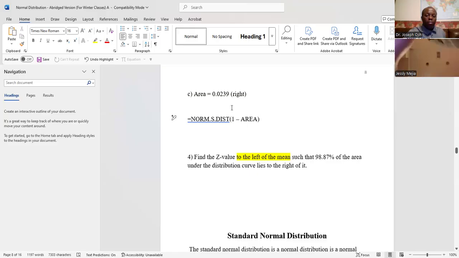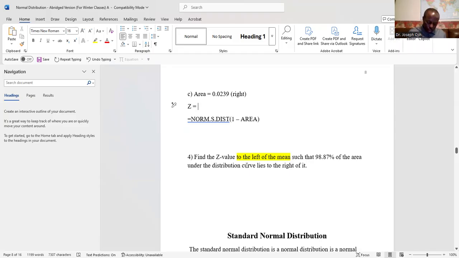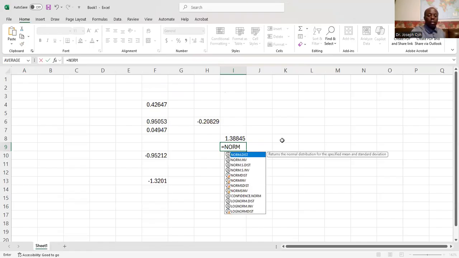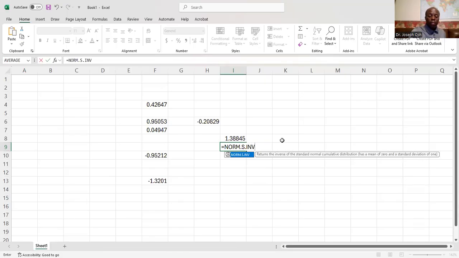So our Z equals, it says right, and write the area down, 0.0239, right, okay? You go to Excel. I'm going to use equals norm.s.inverse, because it's set to the right.